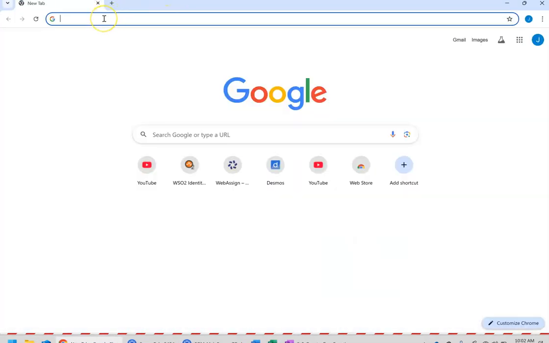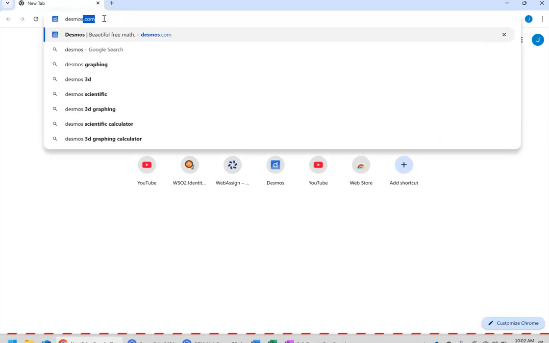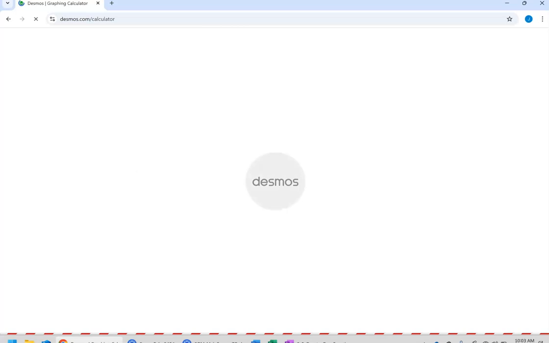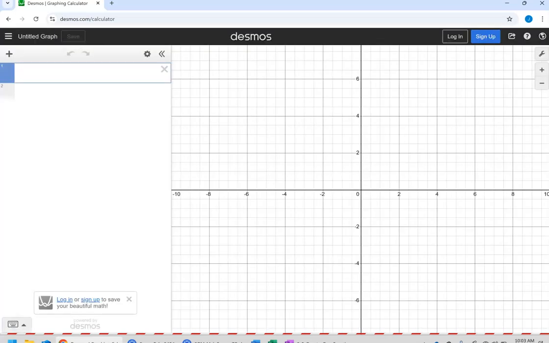They also make an app for your phone. It's called Desmos, D-E-S-M-O-S. So if you go to desmos.com or search for Desmos on App Store or Google Play Store, either or. It's a free app, so you're not paying anything for it. It's a nice graphing calculator.